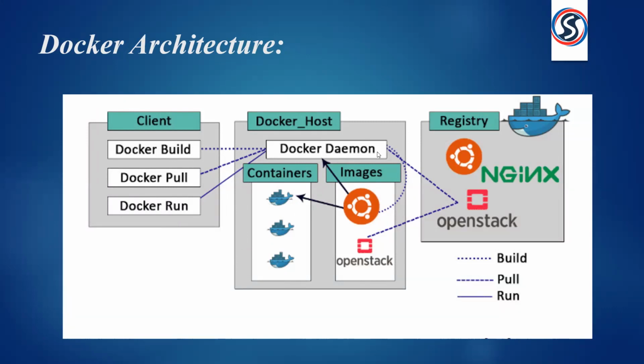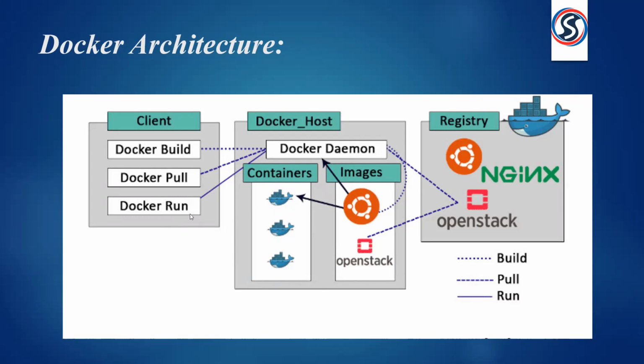And another Docker client is Docker Compose. We will talk about another Docker client. It is Docker Compose that lets you work with applications consisting of a set of containers. Okay, so if you talk about the Docker daemon, it listens for Docker API requests. Whatever Docker API request comes, it will listen for it.